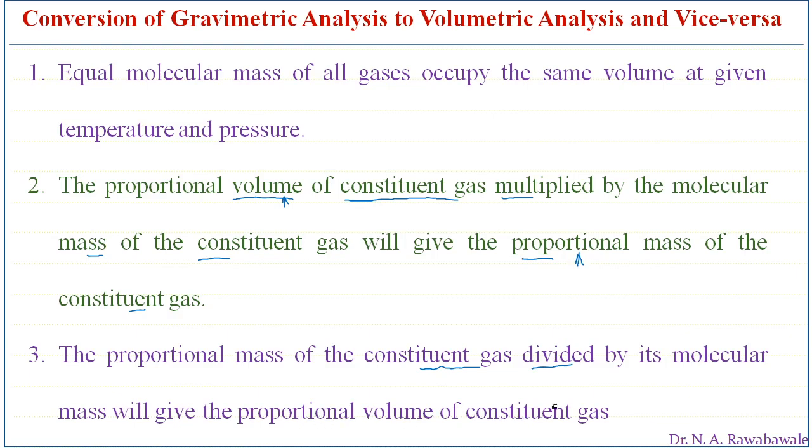So mass analysis can be converted into volume analysis, or volume analysis into mass analysis. If volumetric analysis is multiplied by molecular mass, it is converted into mass or gravimetric analysis. And if we know the gravimetric analysis, dividing it by molecular mass will give the proportional volume of the constituent gas, that is the volumetric analysis.